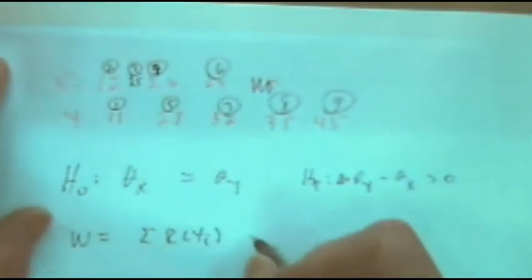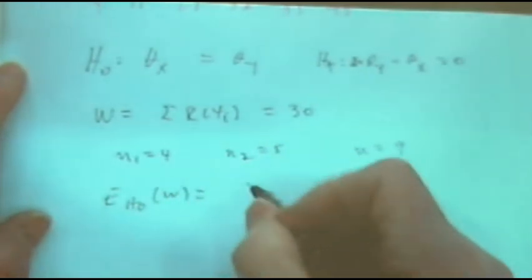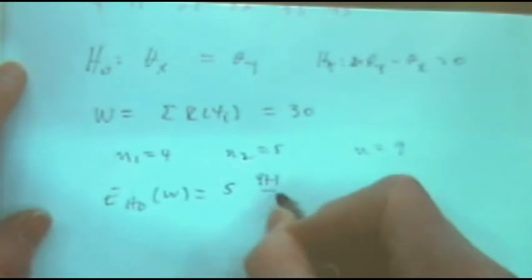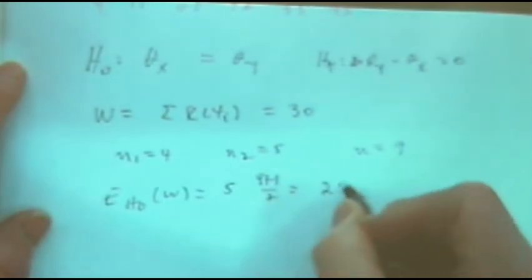So then W would be 17, 24, 29, 30. In this case N1 is 4, and N2 is 5, N would be 9, and we expect W to be N2, which is 5, times 9 plus 1, over 2, 20. So we're on the upside.